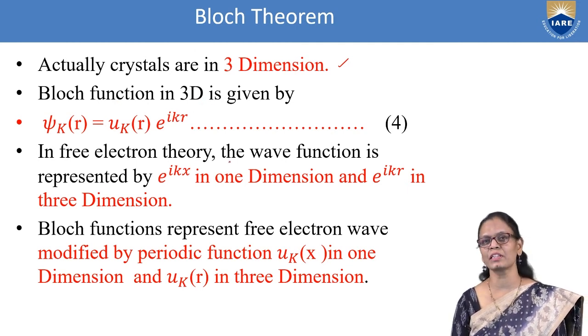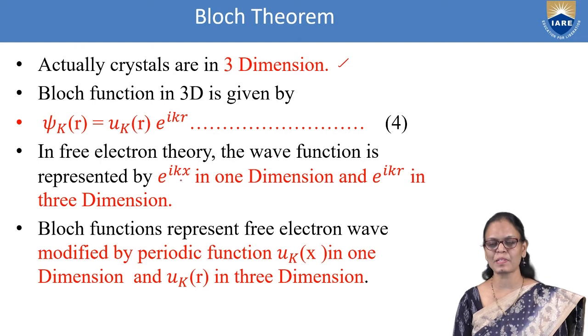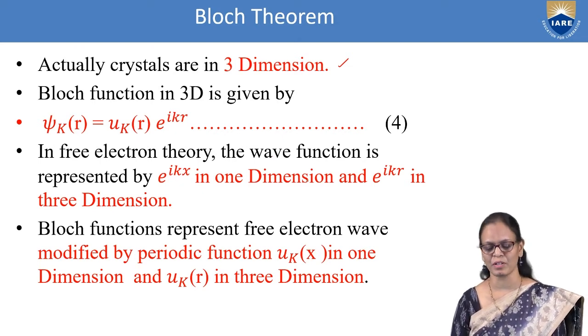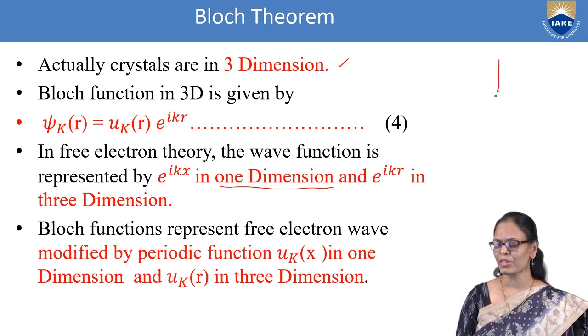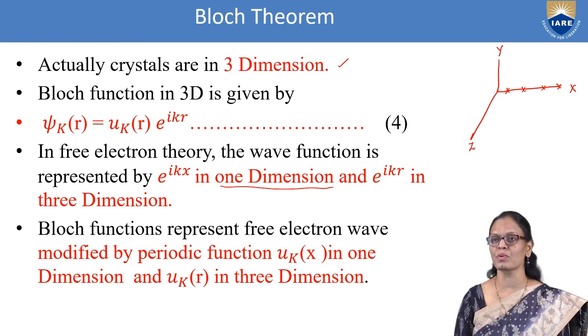In free electron theory, the wave function is represented by e power ikx in 1 dimension. When we derive this expression, we will do it in 1 dimension, meaning we consider only the arrangement of atoms along the x-axis. You will have it along y and z also, but to explain, we consider only the x-axis.